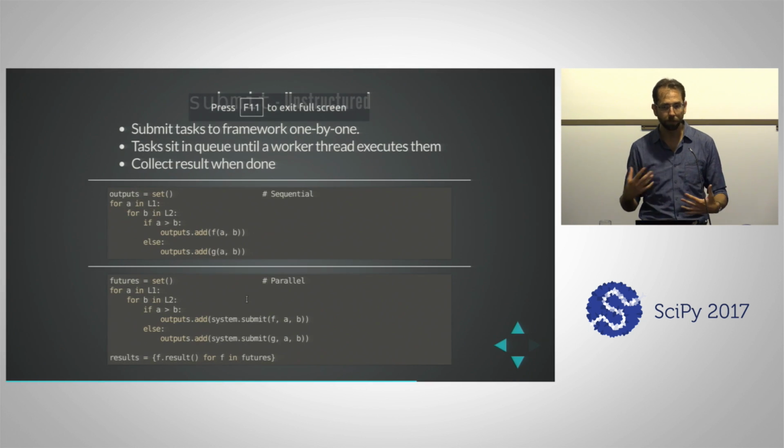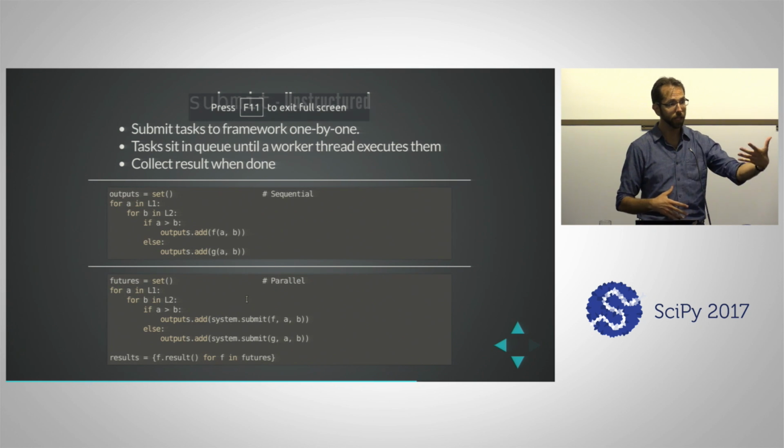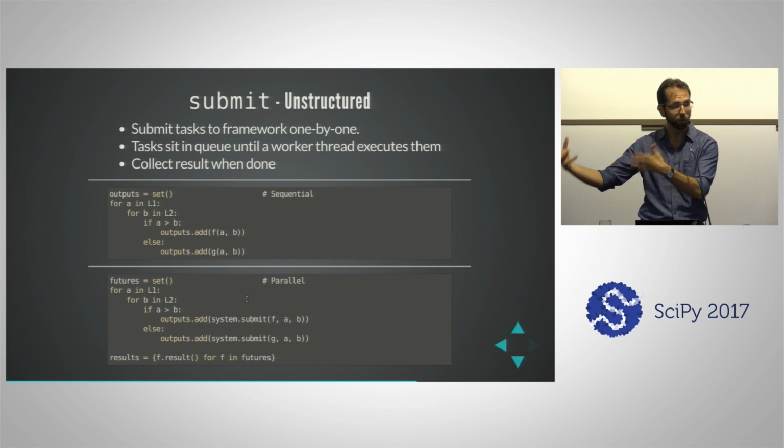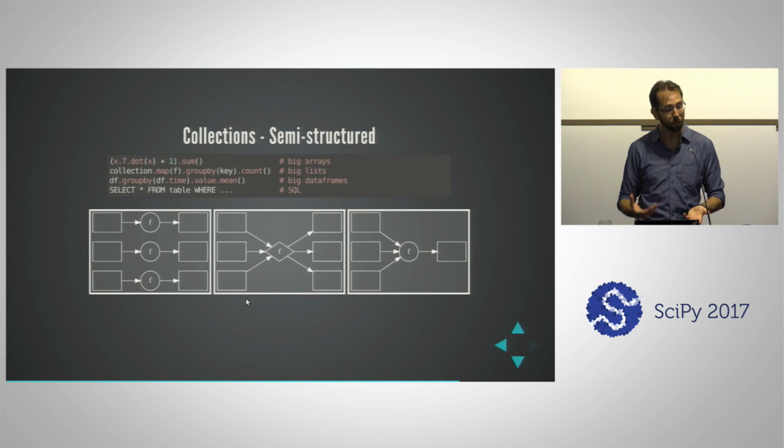So we've seen map and we've seen submit. Map is a very common case, but very simple. Submit is a very flexible tool and can handle any situation. A nice middle ground is these big data collections. Sometimes you're given a restricted API. This might be like with Spark, you get map and filter and group by and join, or it might be like an array programming system that's parallelized.